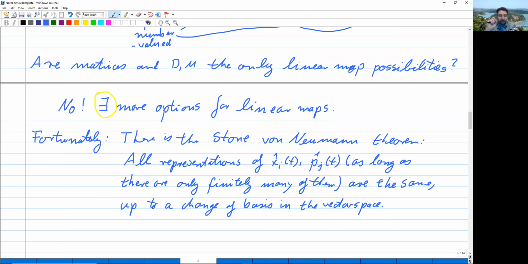What you've really done here is change bases in your function space or in your column vector space. What we've seen here is an example of how a discrete basis for column vectors can be equivalent to a continuous basis where you have functions over a continuum.